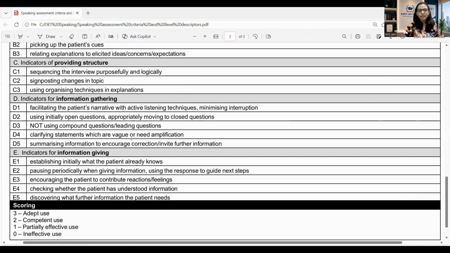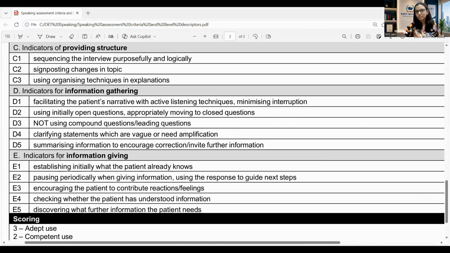Number one says: facilitating the patient's narrative with active listening techniques and minimal interruption. That means when the patient speaks, you need to be an active and empathetic listener. You will show that you are seeing the patient, you are listening to them, you are there to care for them.